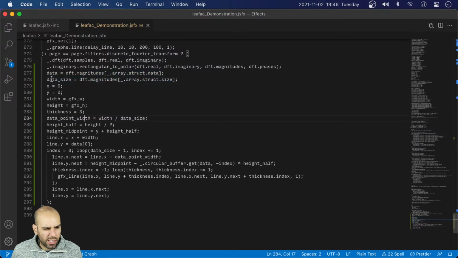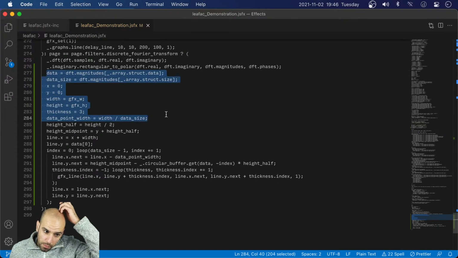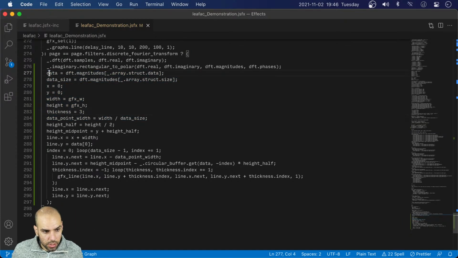I'm moving these around, not that it matters that much, it's just that now it kind of resembles the function call, except that I inlined the function and I modified it so that it now works over arrays. So data, data size, x, y, width, height, and thickness. These are the arguments to call that function.